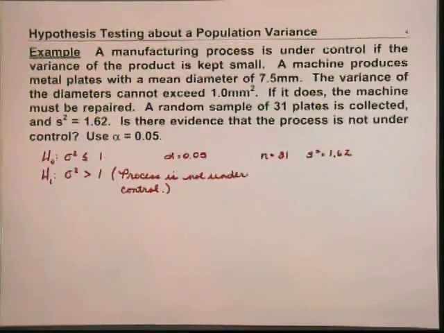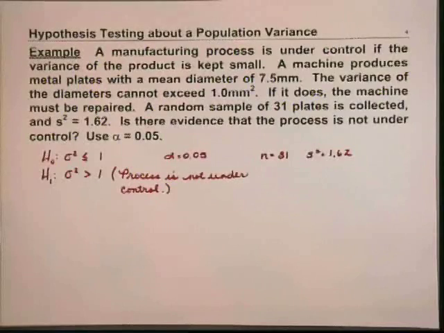That's the target mean, mu naught, isn't it? Do I need that for this question? Do I need y bar? No, not if I have the variance computed already. I don't need y bar either. If I had y bar, that's not a bad thing, but I don't need it.